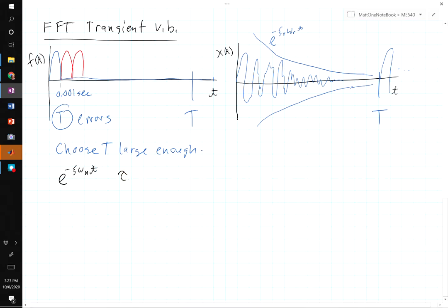We'll define what's called a time constant to help with this. So this is tau equals 1 over zeta omega_n. And that just lets us rewrite the exponential as e to the minus t over tau. So every time t equals tau, we've gone through one time constant. So when t equals tau, we get e to the minus 1.